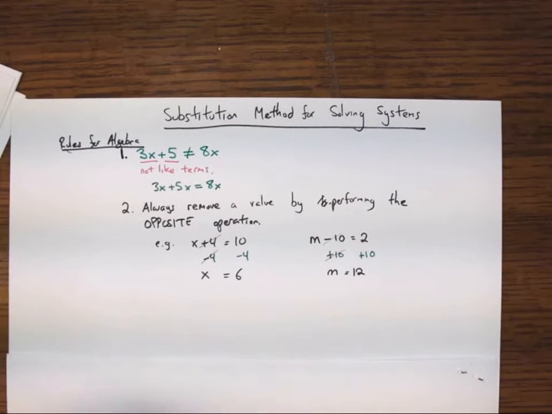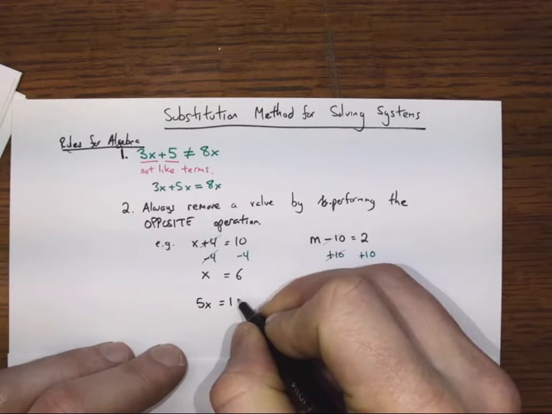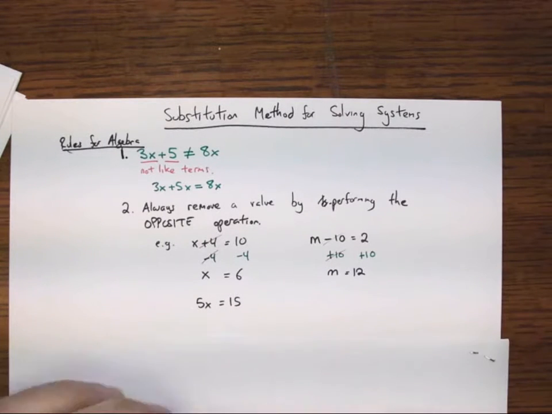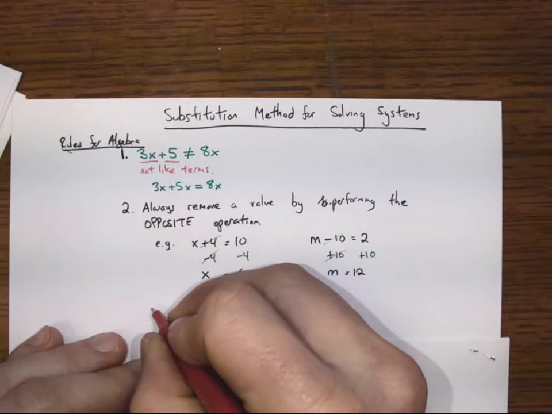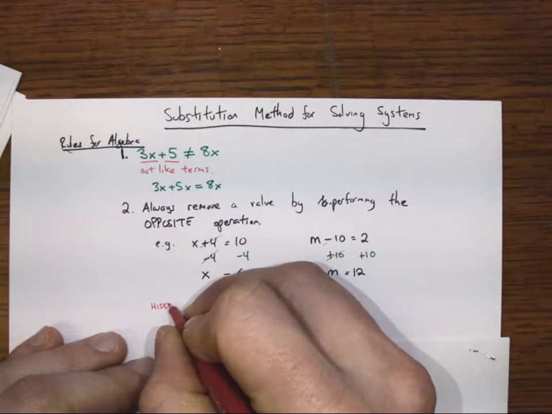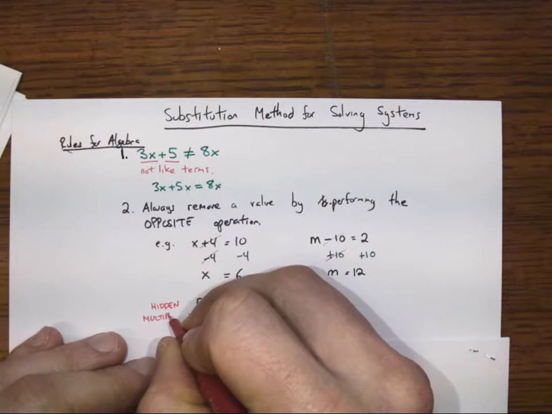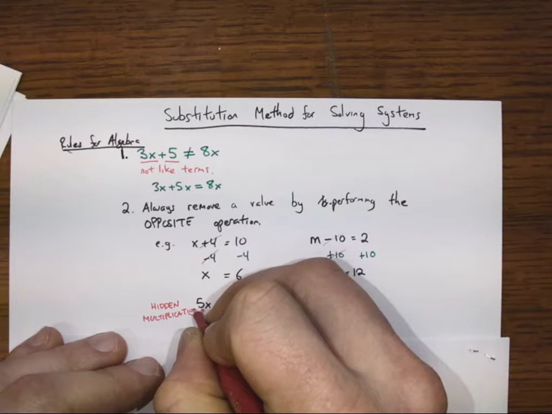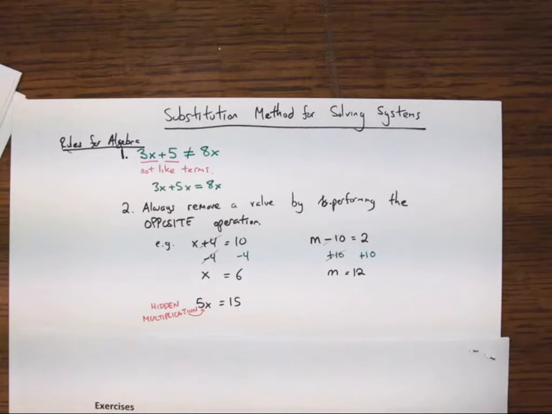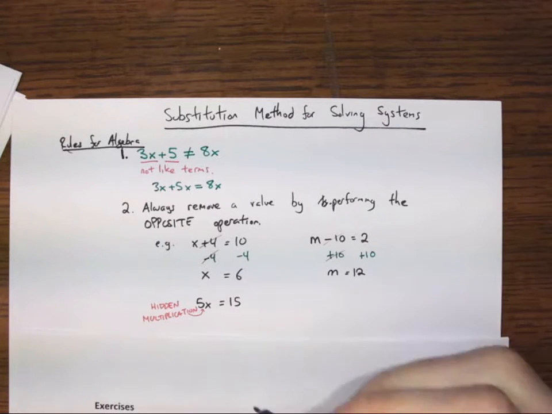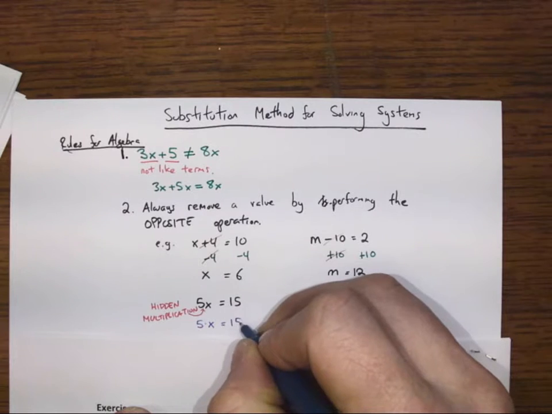If we have, say, 5x equals 15, we have to recognize the opposite operation is for a hidden multiplication. So this really is shorthand for 5 times x is equal to 15.